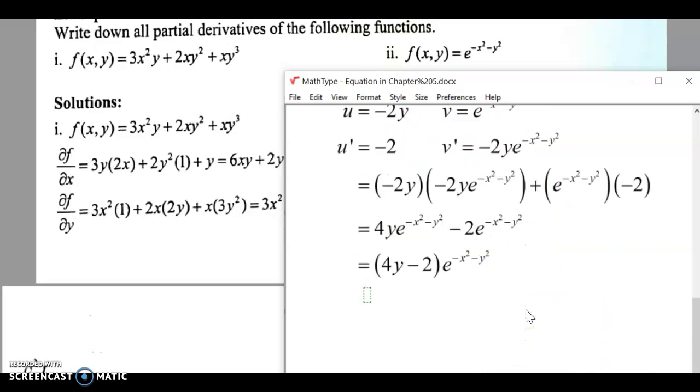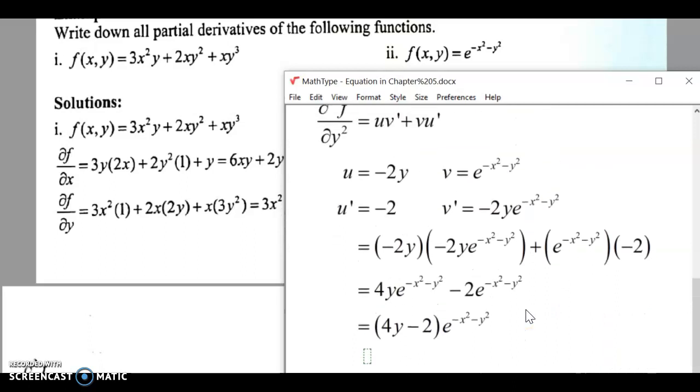Then substitute it in the formula, simplify it, and you have the second partial derivative. Now we have already done 4 components of partial derivative. We have x, y, and their second derivatives.